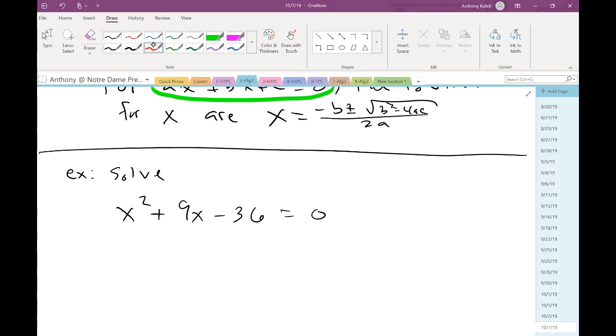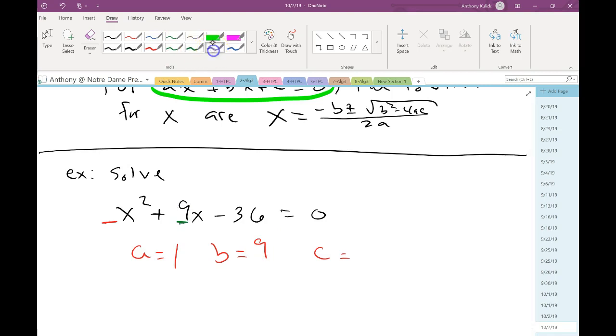So this is a standard form polynomial, right? So I could apply the quadratic formula to this. Let's start by identifying the values for a, b, and c that I'm going to plug into my formula. What is the value for a? 1. What is the value for b? 9.